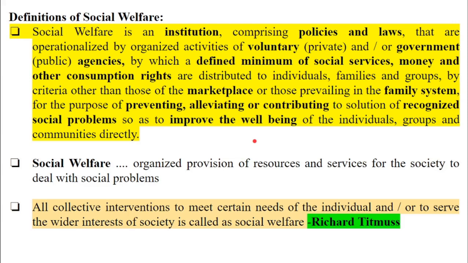So social welfare is nothing but the promotion, through voluntary or government activities, of providing the minimum services to the people for their well-being.